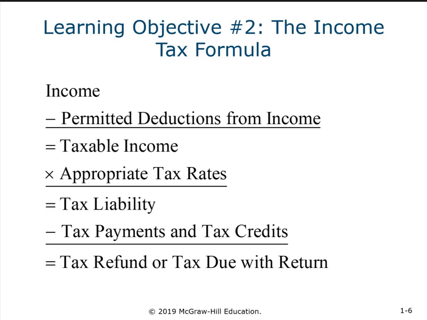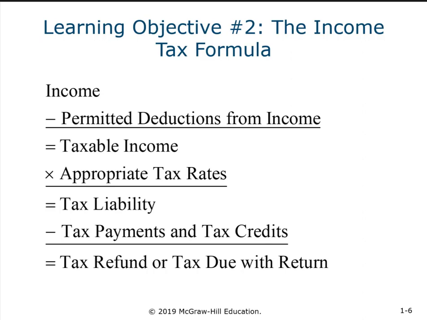Then we apply the tax rates, which we just looked at, how we might look at the tax rates. And that's going to equal our tax liability. That's how much we owe. But then the tax law provides for things like our tax credits that are like you paid it already because you do certain things. And we'll learn about that in chapter 9, what the different tax credits are. If you've made prepayments, because guess what?